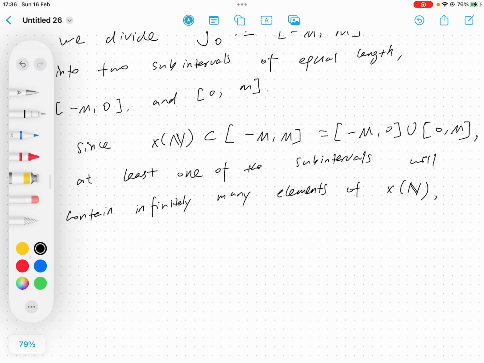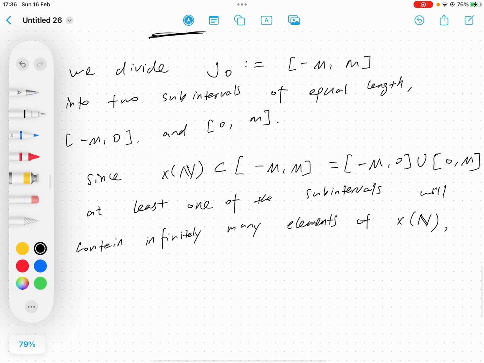Why is this true? We're going to ask ourselves, right? So let's say none of those subintervals contain infinitely many elements, then that violates our starting point, right? Because we said that was a sequence and it has infinitely many points, right? So this has to be true.